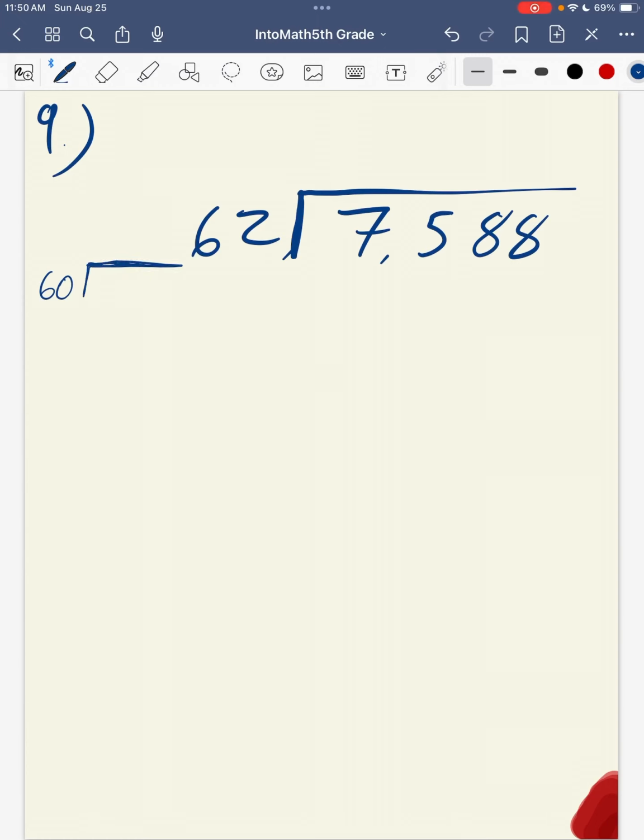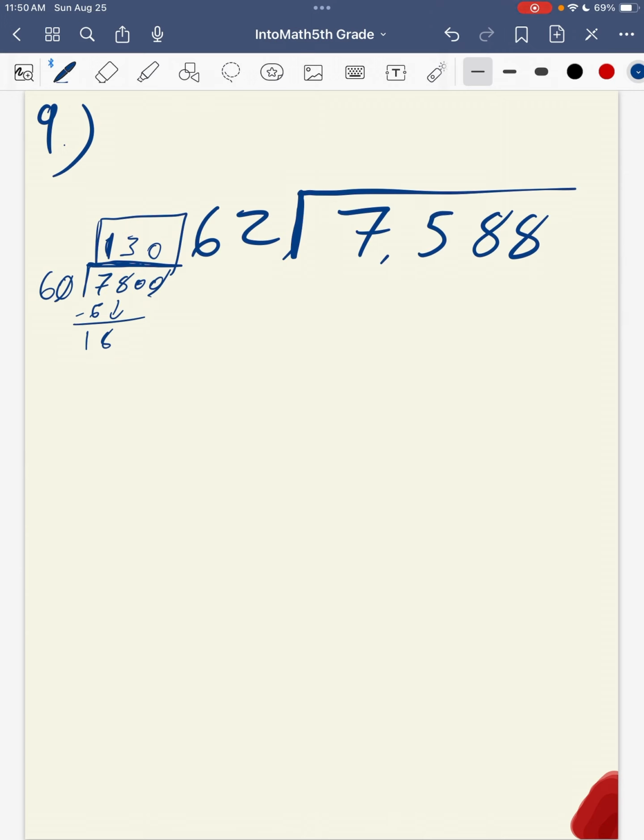And if I think about my multiples of 6, I could know that it could go into 72 or 78. Let's try 7,800. 6 could go into 78 one time. 6. Down 8, 3. 130 is my estimate.